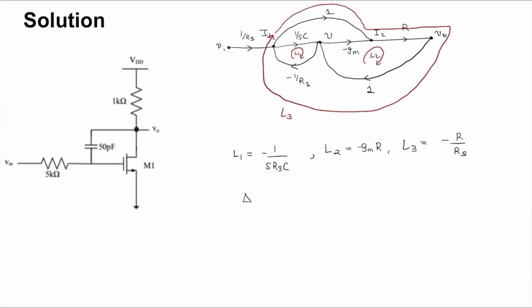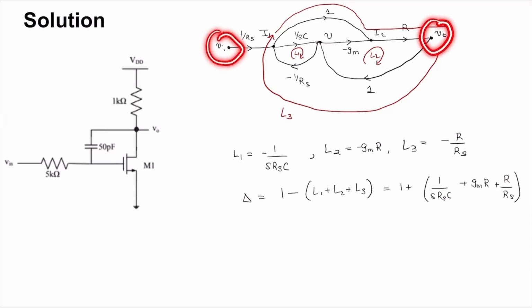The determinant, since all the loops are touching, is simply 1 minus L1 plus L2 plus L3. So input is Vi, output is V0.